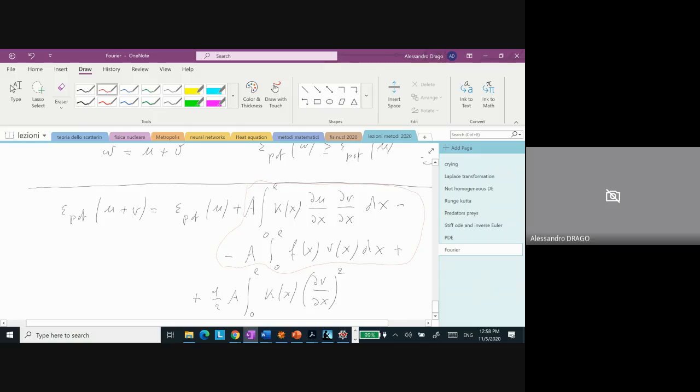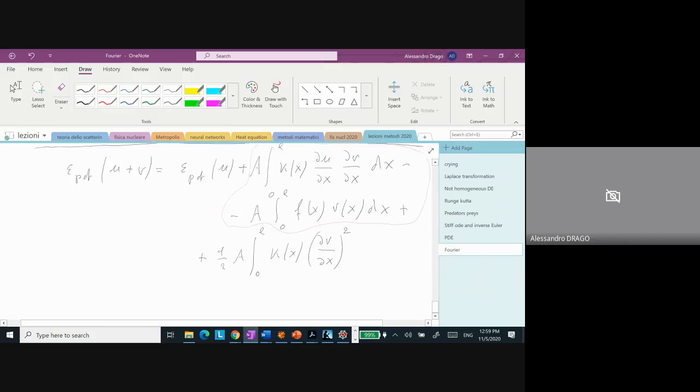I mean, the derivative of v equal to 0 implies that v is also equal to 0. So at that point, I would have demonstrated that the total potential energy at u plus v is always larger than the potential energy evaluated at u, equal only if v is identically 0. So what remains to be demonstrated is what I indicated inside this red curve.